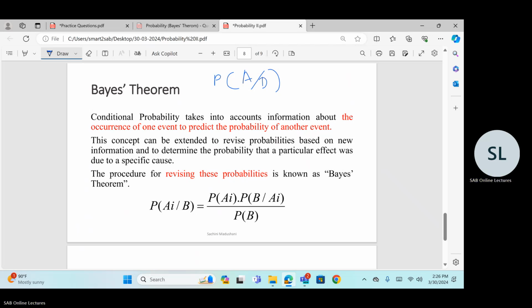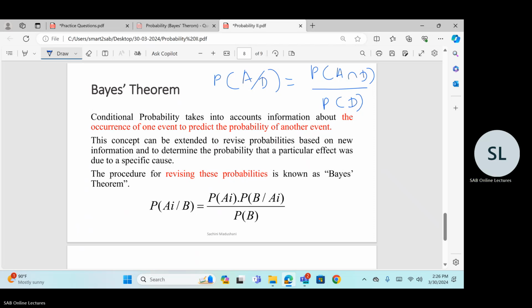How do we get the value? Now you know it is the conditional probability: the probability of the intersection of the two events divided by the probability of the first event. What is the probability of the first event? The probability of D means the probability of getting a defective item.